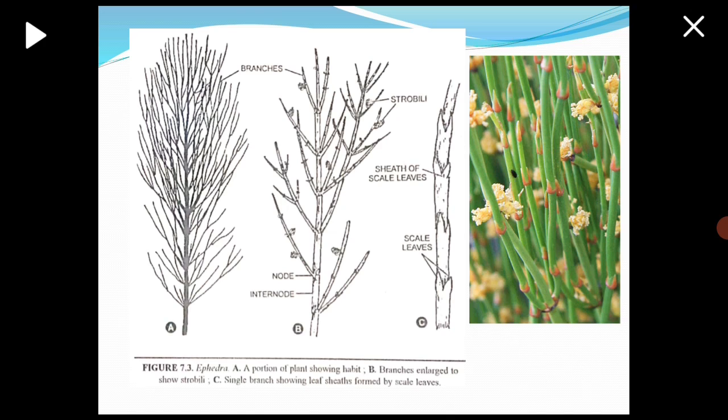The branches arise in the axils of scaly leaves. The young stem and branches are slender, fistular, green, and photosynthetic phylloclades. The old stem is woody. In some species, a rhizome may also be present.